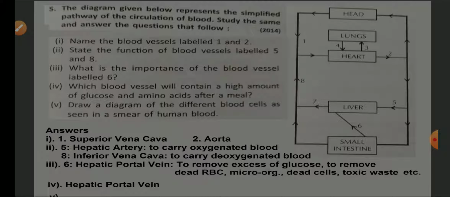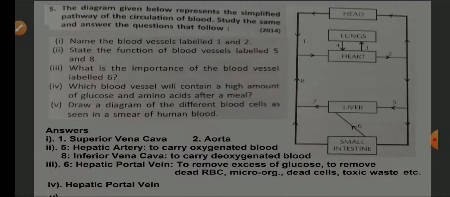So number 1 is superior vena cava, because it is coming from the head, and number 2, it is coming out from the heart, that is aorta. 5 is hepatic artery, because it is entering the liver and it carries oxygenated blood. 8 is coming from the lower part of the body and going into the heart, it is inferior vena cava and it carries deoxygenated blood.